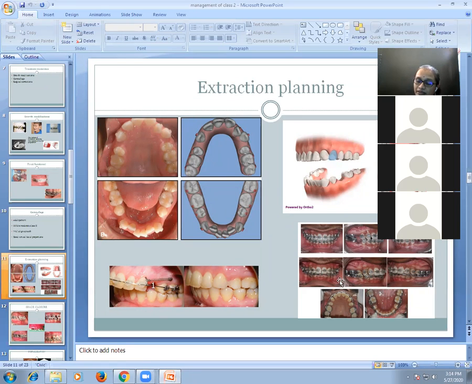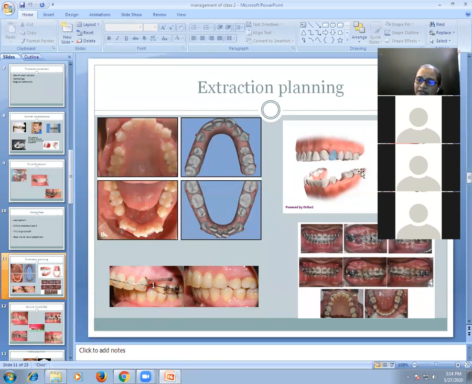Then in some cases, when you need to correct the class 2 molar relationship, when there is a minimum need of space, you will go for extraction of upper 4 and lower 5. Upper 4 and lower 5. Why lower 5? Why upper 4? If you extract the upper 4, there will be minimum threat of the upper molar moving into the extraction space.